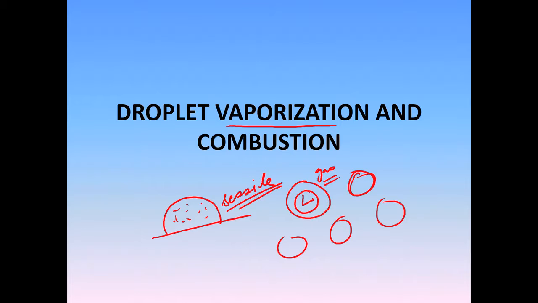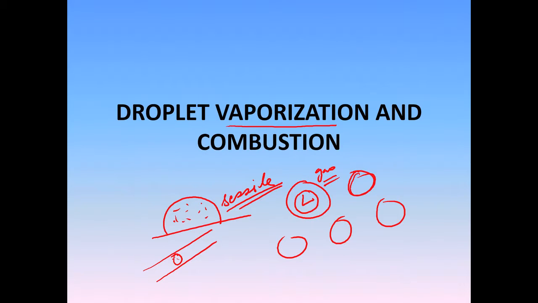It is also used in microfluidics, where a droplet containing cells may be used for point of care diagnostics. So, there are many applications of droplet vaporization, droplet deformation, and droplet atomization.